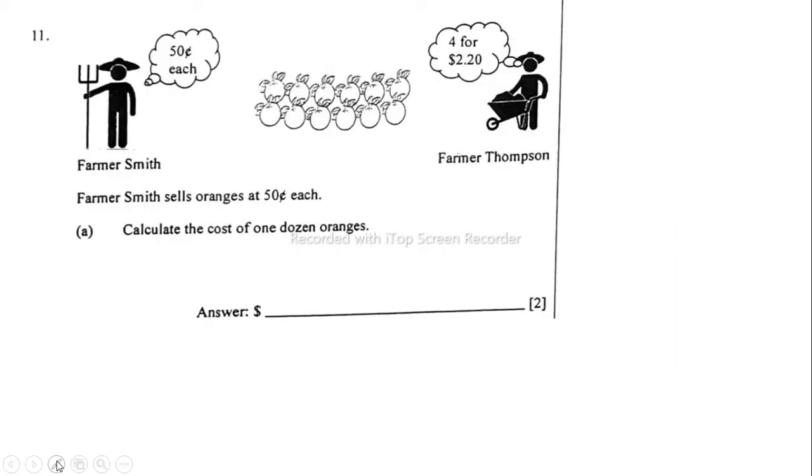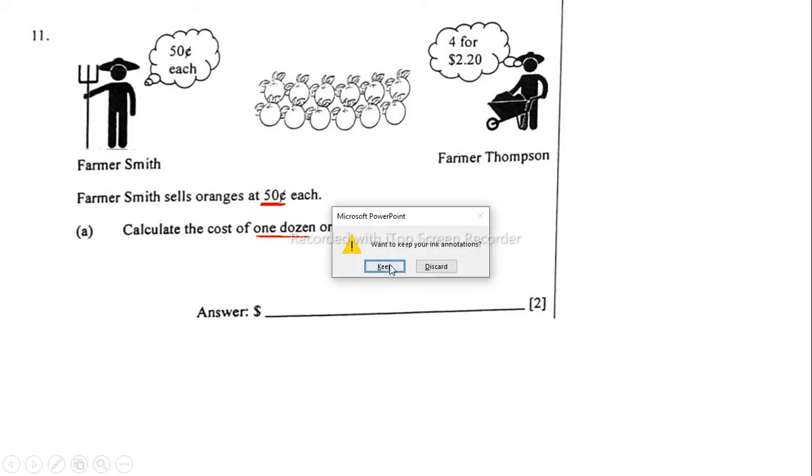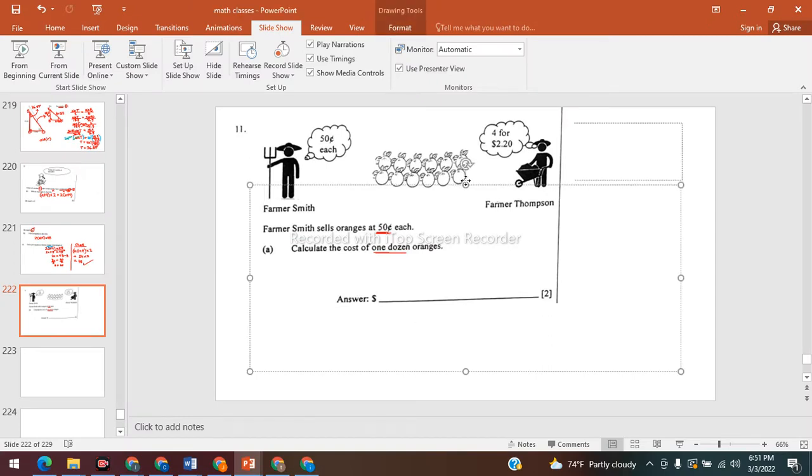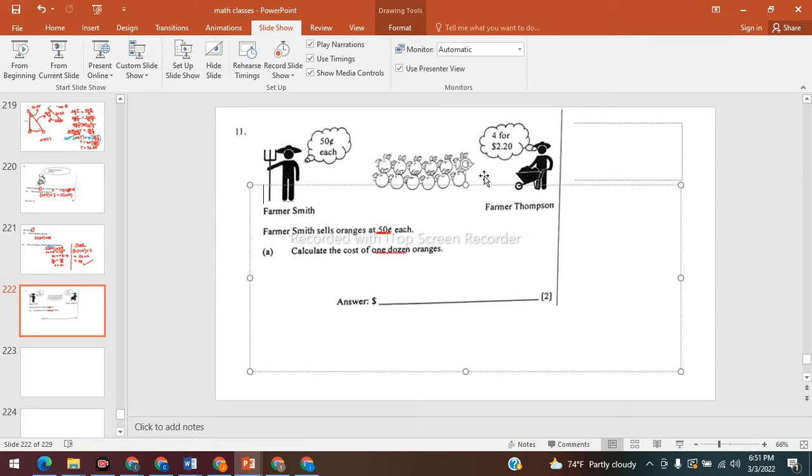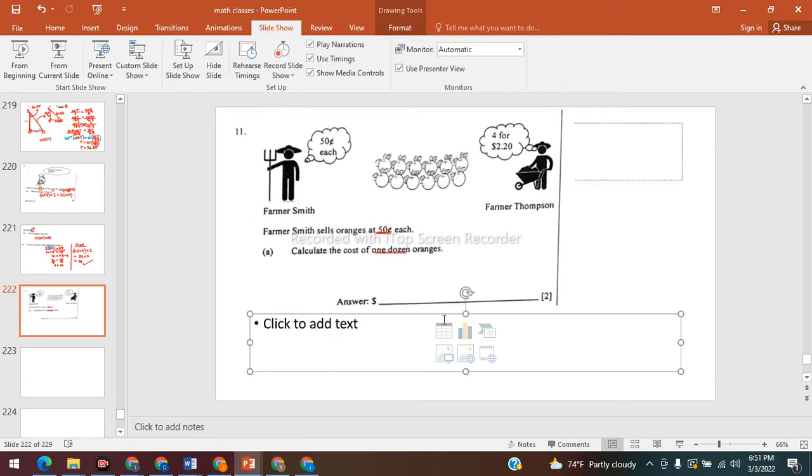Alright, so 50 cents each, and you're trying to figure out the cost of 1 dozen. So the cost of 1 dozen oranges equals what? 50 cents, $6.